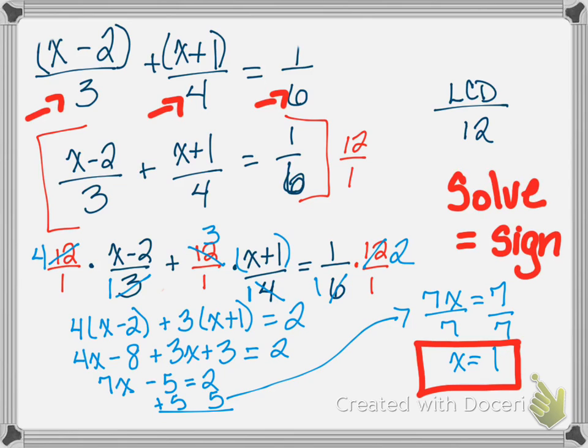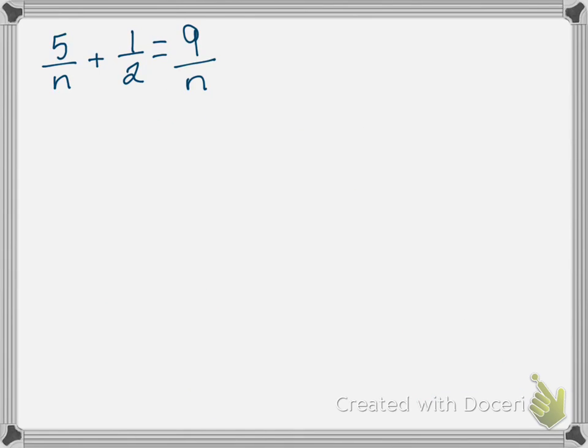But I like to go ahead and mention it now because our very next problem, guess what it has in the denominator? A variable. Okay? So for this one, we are going to have to make sure that our answer does not make the problem undefined.